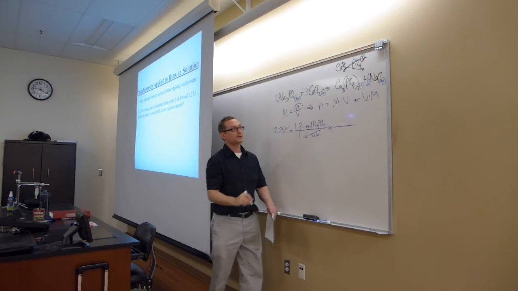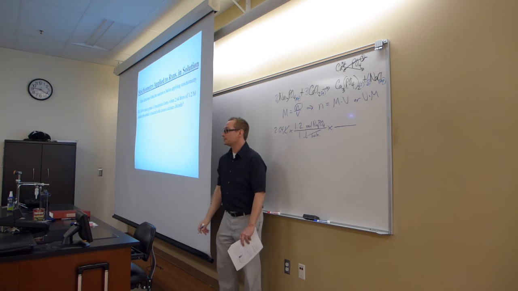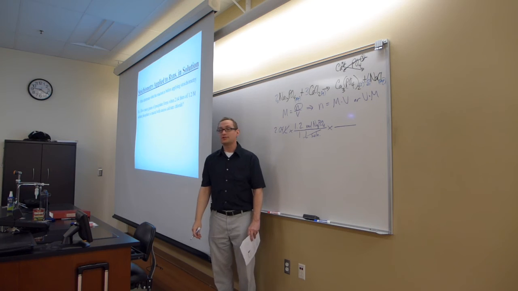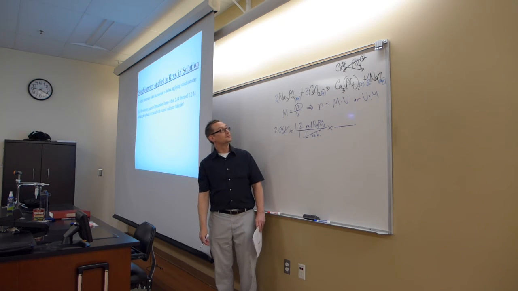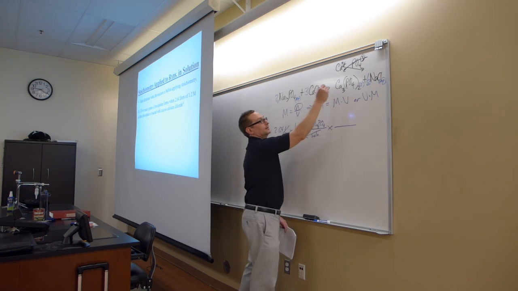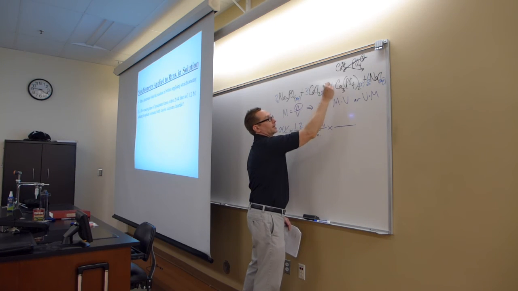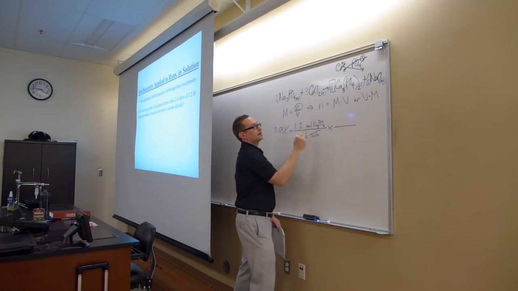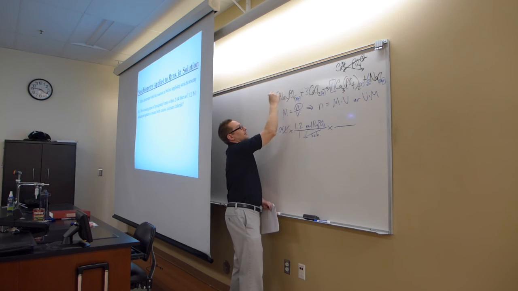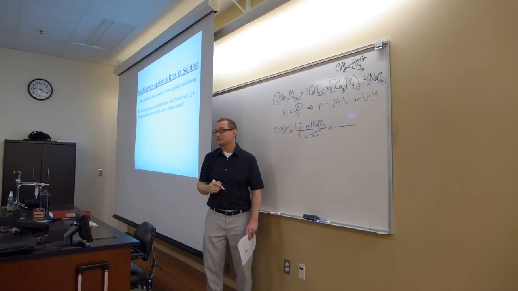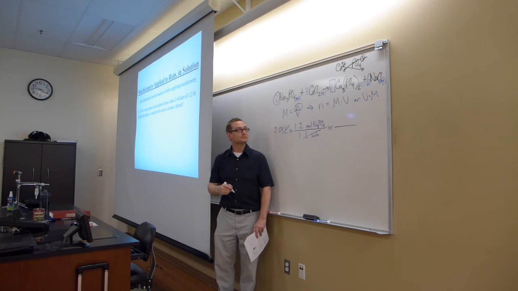What is it asking me for? How many grams to precipitate, right? So what mole ratio do I use? For 2 moles of sodium phosphate, you get 1 mole of calcium phosphate. So I've got 1 of the calcium phosphate precipitate for every 2 of my limiting reactant, or my 1 reactant that gives me information about.